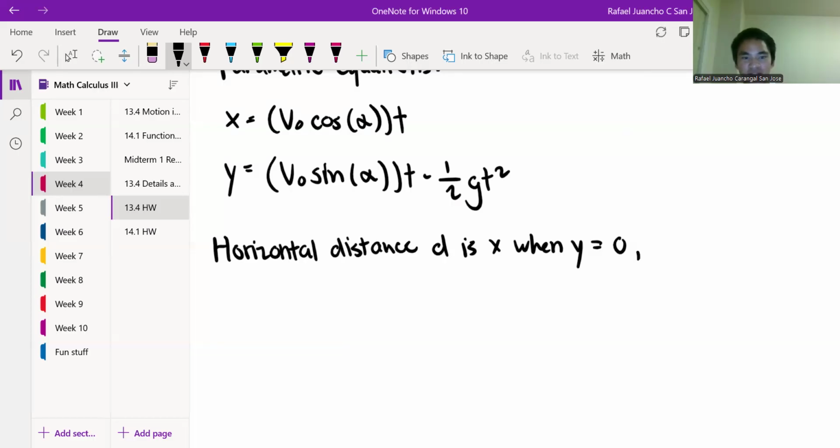If I set this thing to 0, oh crap, then I get t equals 0. That's weird because I have 2 things here. At least I know my g, but I don't know my t and my alpha. Or can I assume my alpha is something?